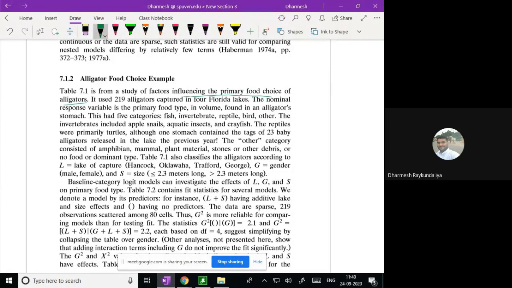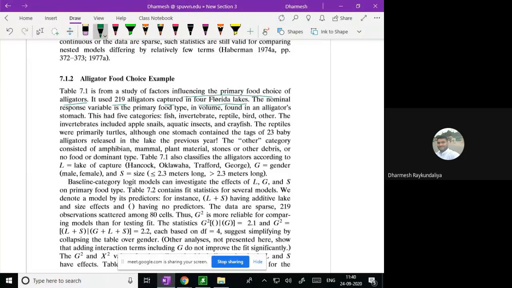I wish to study the primary food choice of the alligators living in the lakes. The study took 219 alligators captured in 4 Florida lakes. So in Florida there are 4 different lakes, and from those they captured a total of 219 alligators.